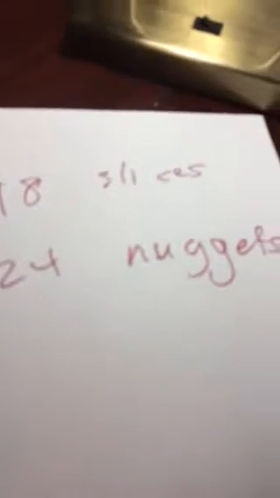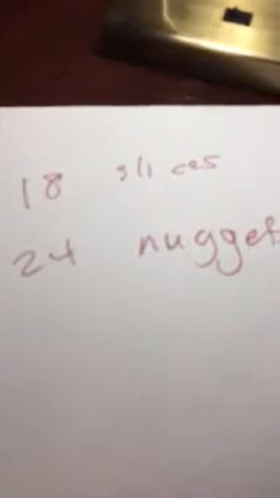All right, so again, we have 18 slices, and we have 24 nuggets. And the challenge is, how can we divide this up into plates in which every single plate looks the same?